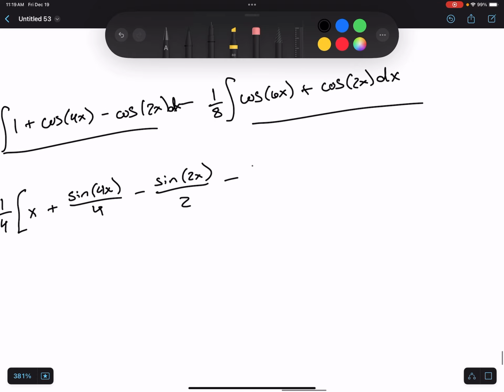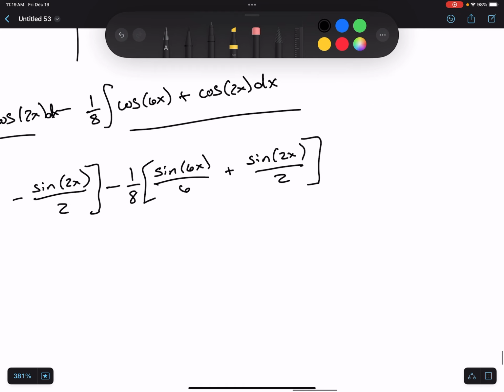And then we'll subtract 1/8 times the integral of cosine 6x with respect to x, which is sine 6x over 6, plus the integral of cosine 2x, which is simply sine 2x over 2. And because these are indefinite integrals, we'll add a constant at the end.